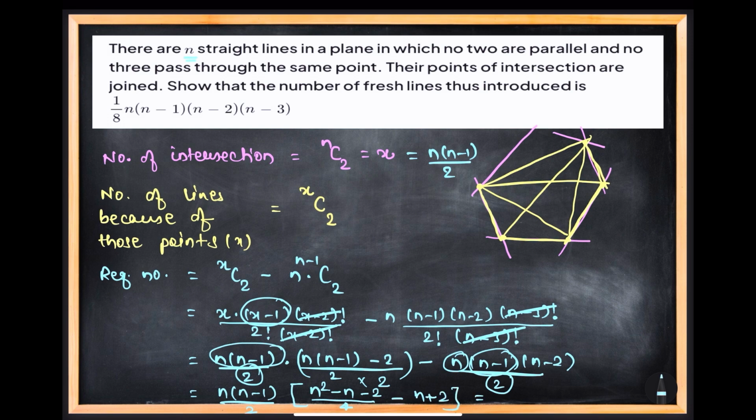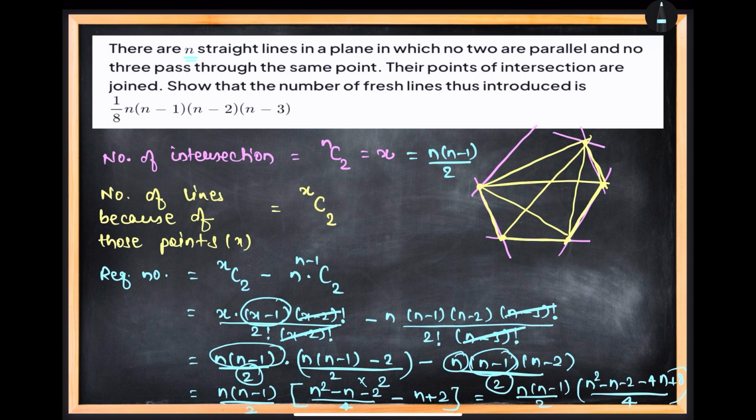Let's simplify a little bit more. So we will have n into n minus 1 by 2 into n square minus n minus 2 minus 4n plus 8 by 4.